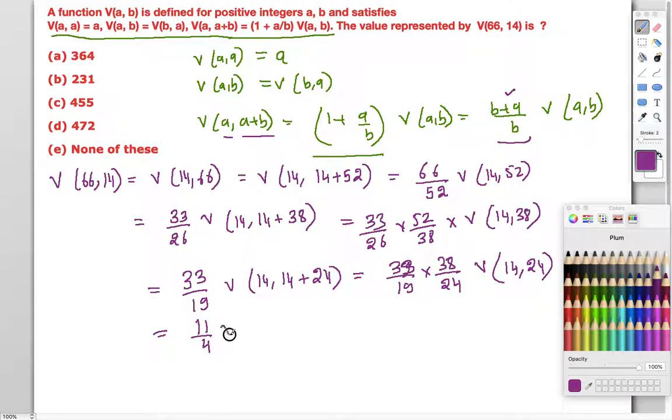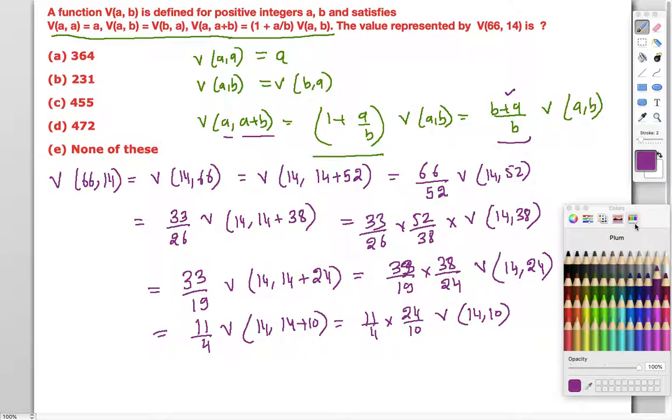So 11 by 4 into V(14, 24), and 24 is 14 plus 10. So this is 11 by 4 into 24 by 10 into V(14, 10).